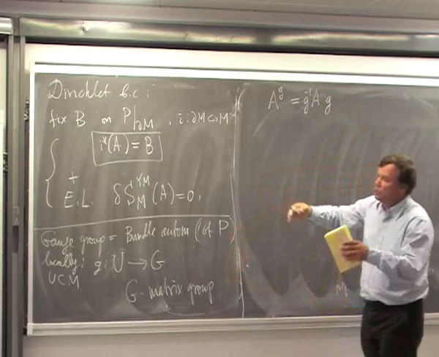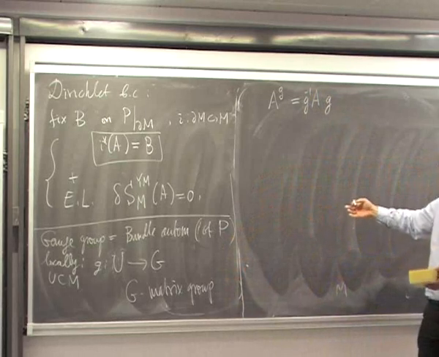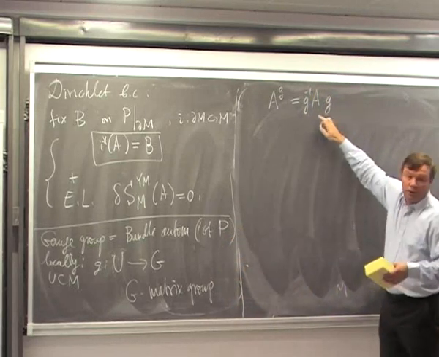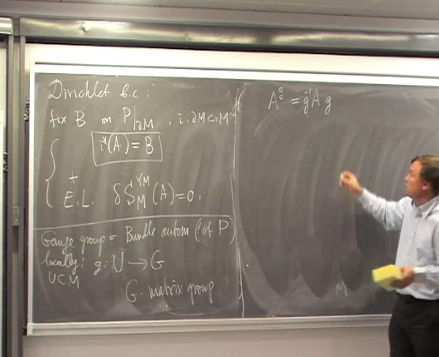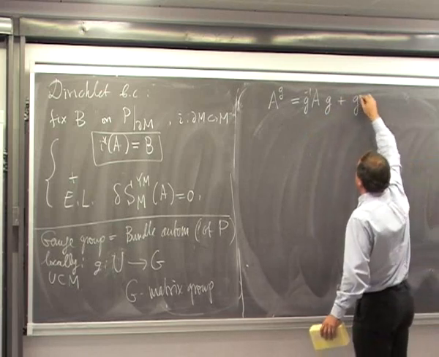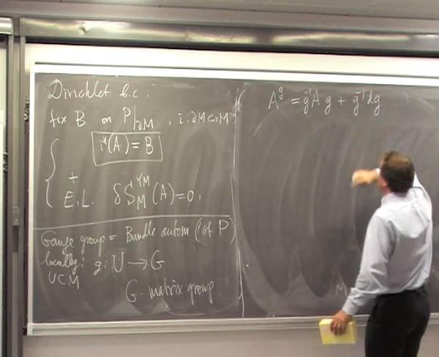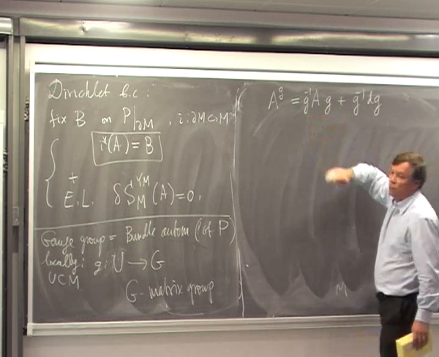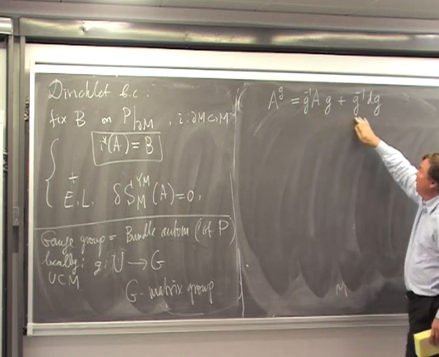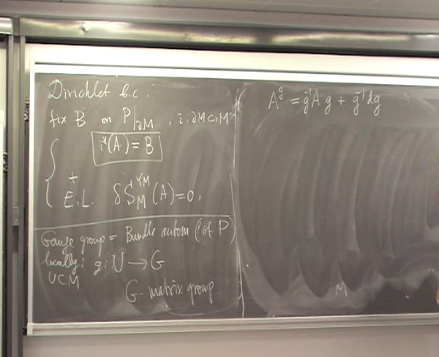And so G-valued connections are also n by n matrices. So the adjoint action is really the conjugation of n by n matrices plus G inverse dG. So this is how the forms would transform, and this is how connections transform.